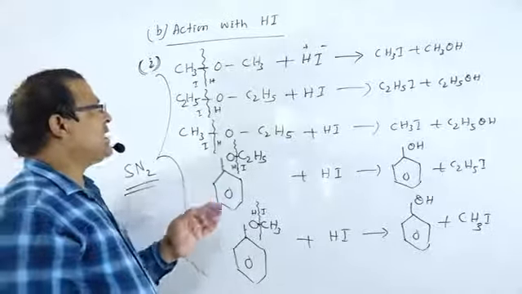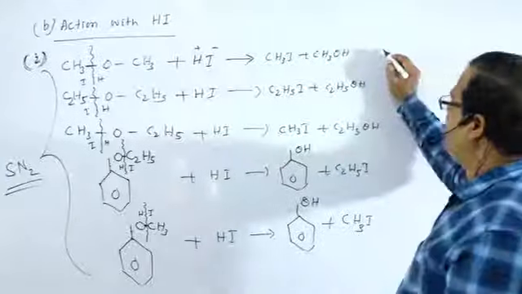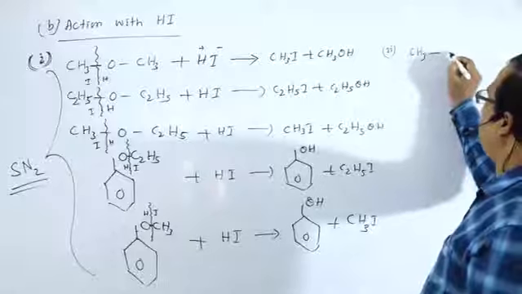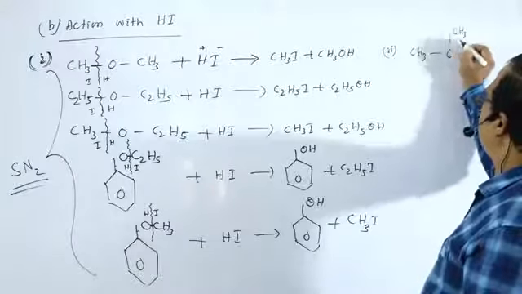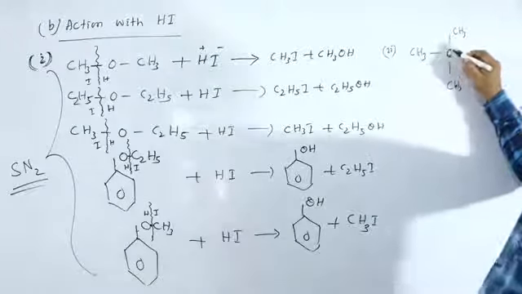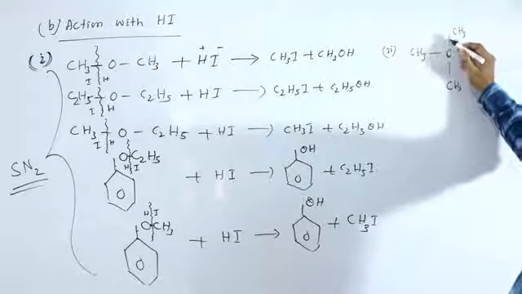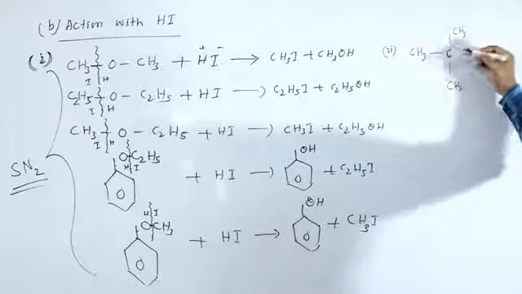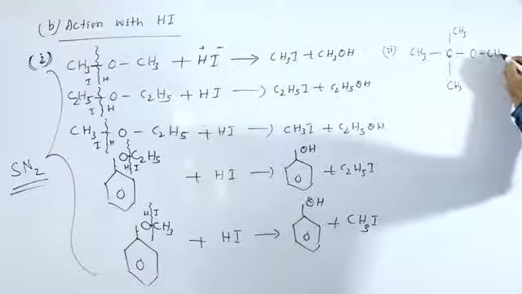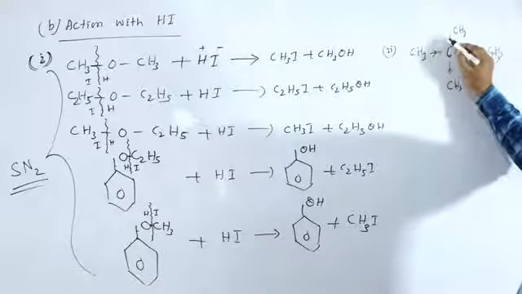Next we'll see the second reaction, which follows the SN1 mechanism. In CH3C, this carbon atom is a tertiary carbon atom, because it is directly attached to three carbon atoms, and OCH3. These are plus I groups, electron-donating groups.